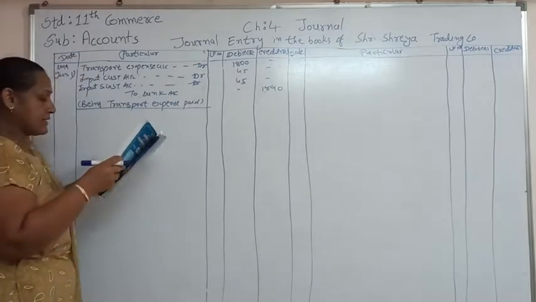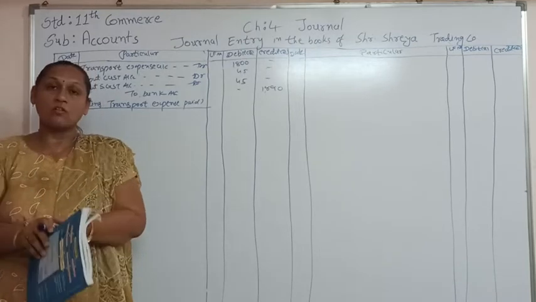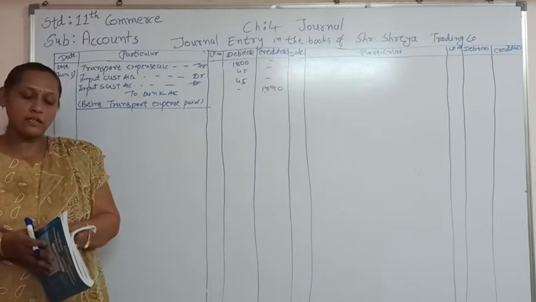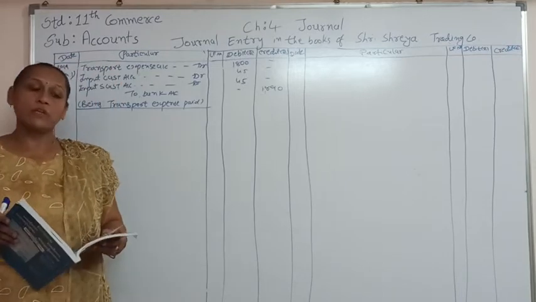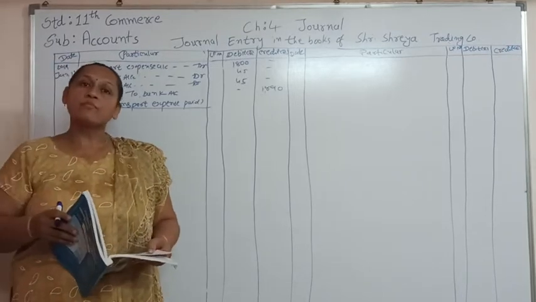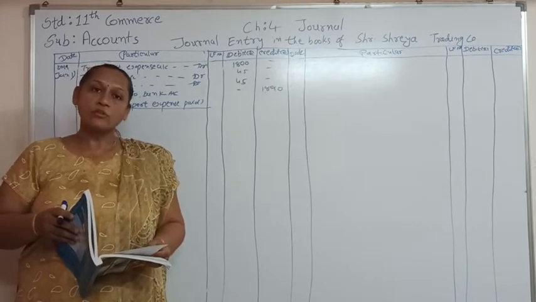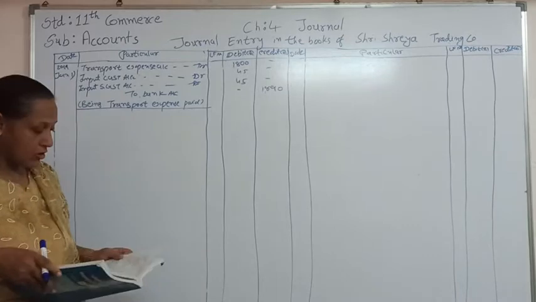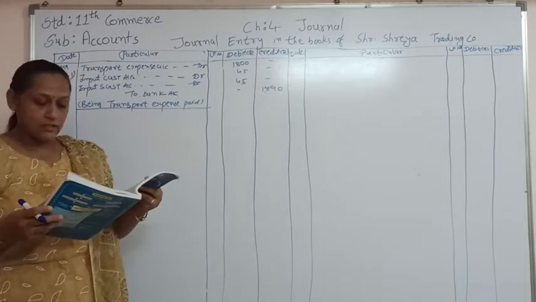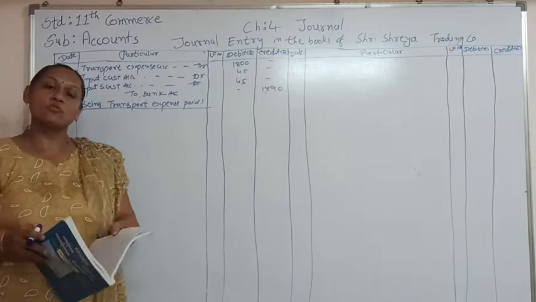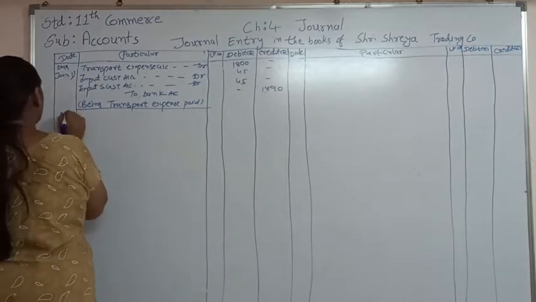Now, let's see the next transaction. Courier expense paid by check of rupees 3000. So here again we are going to pay courier expense. So courier expense account debit, input CGST account debit, input SGST account debit to bank, because it is again paid by check. That journal entry we are going to pass on the 4th.